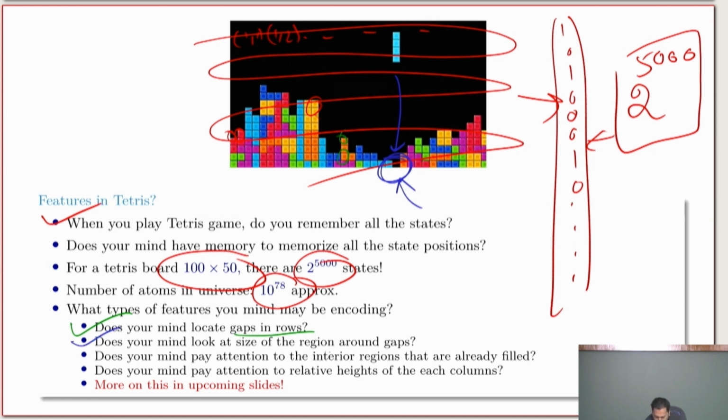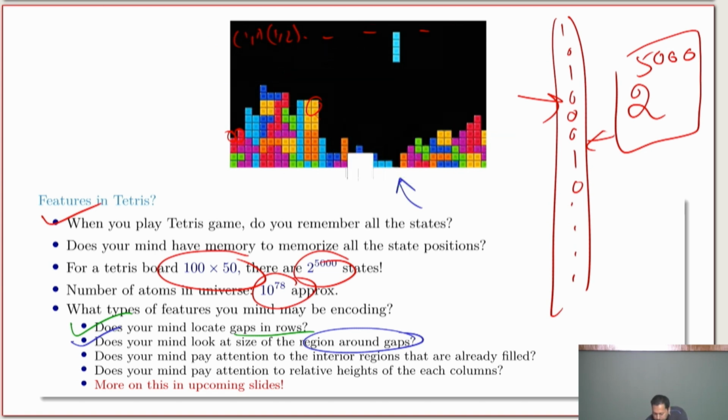Does your mind look at the size of the region around the gaps? Maybe you're also worried about the height of these skyscrapers around this area. If it was a slightly different problem, then the relative height could have been useful here.